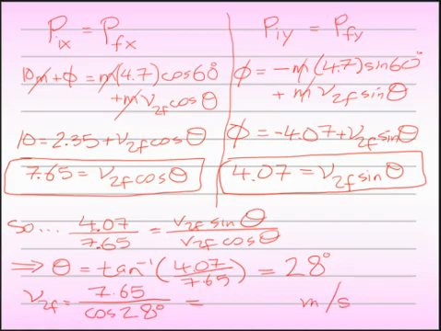Go. 8 point something. Yeah, 8 point something. 8.7. Done. That's it. Welcome to 2D conservation of momentum.